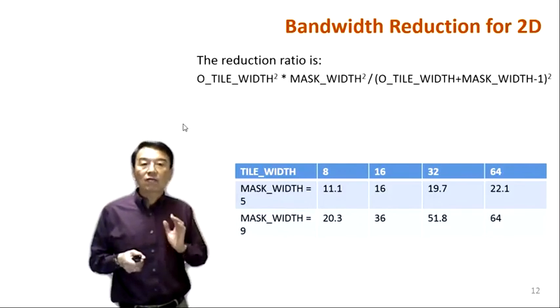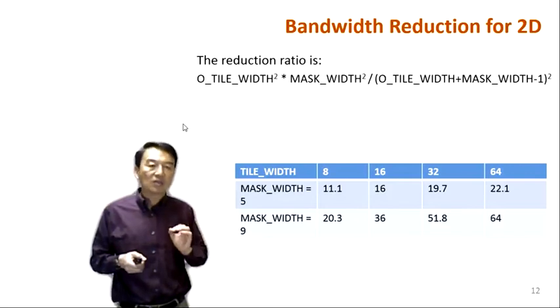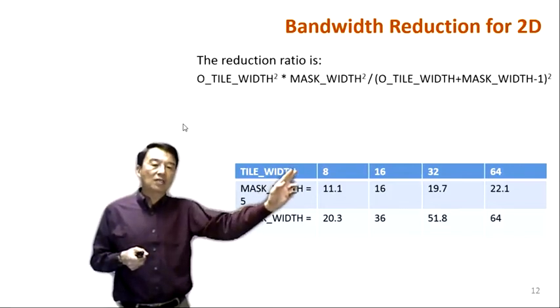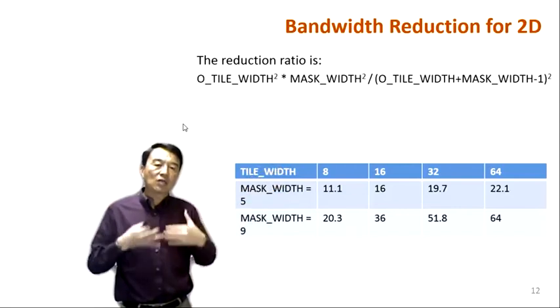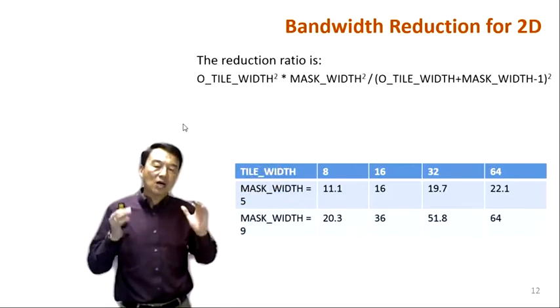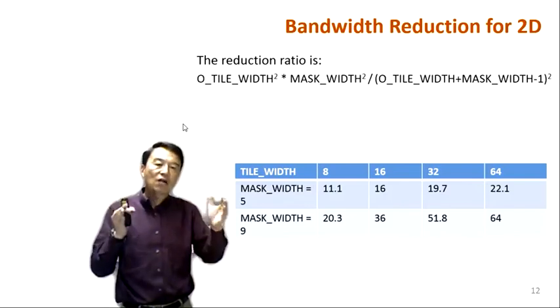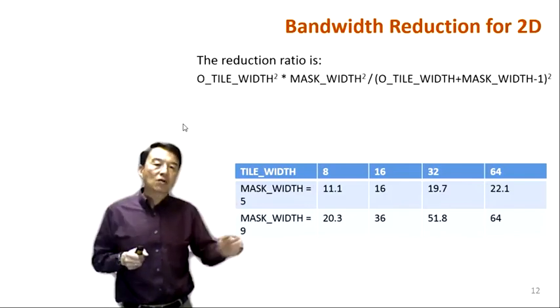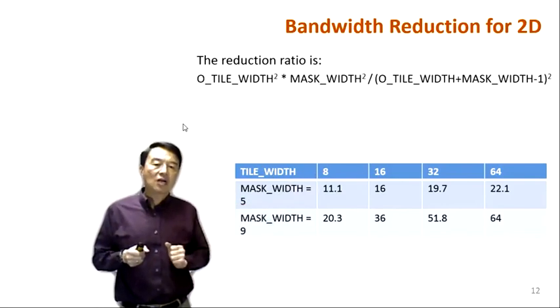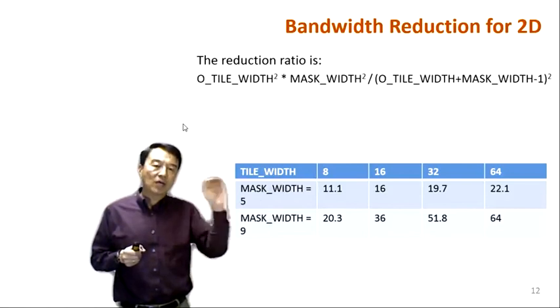However, for this 2D convolution, there's something more subtle in the analysis. If you look at the tile width, and remember, tile width plus mask width minus 1 gives you the input tile width, in our kernel, it's going to be essentially the width of our blocks. So if we have a 16 output tile width, that gives us 20 threads on each side.